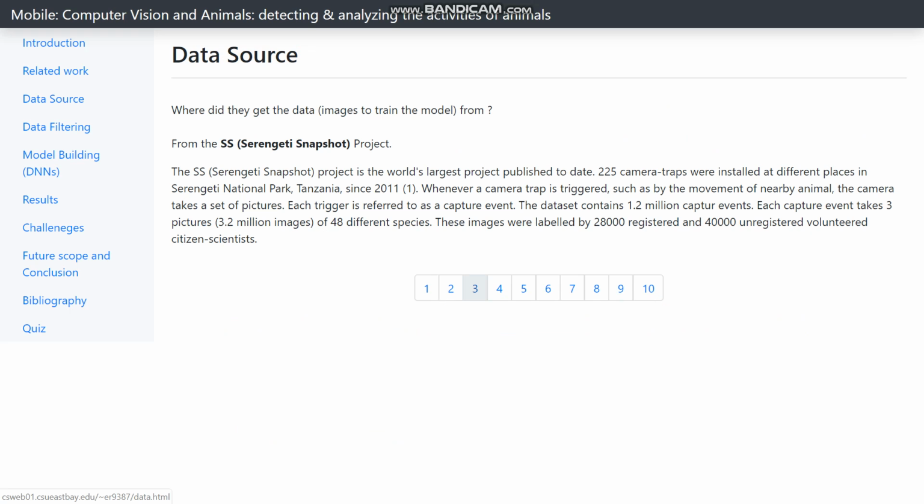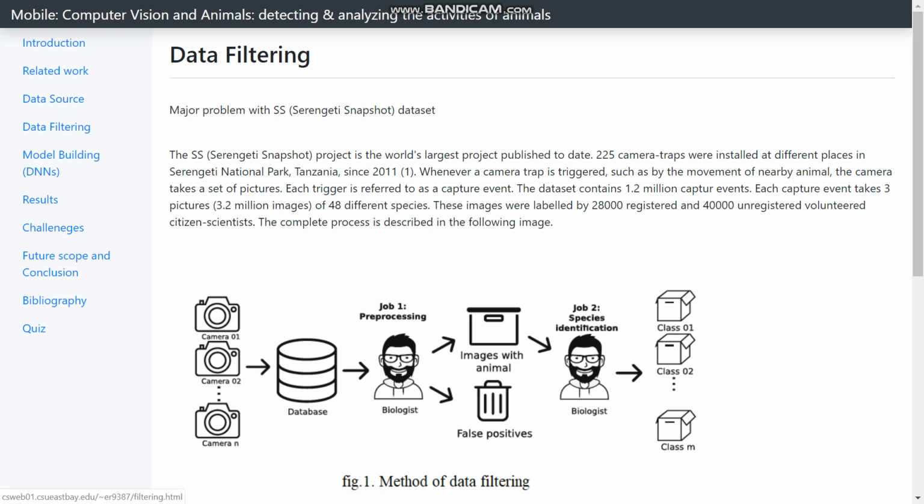So let's see next. As I mentioned before, this Snapshot Serengeti database consists of 1.2 million capture events, so 1.2 million images of 48 different species.